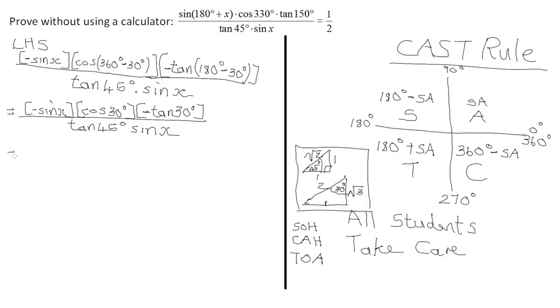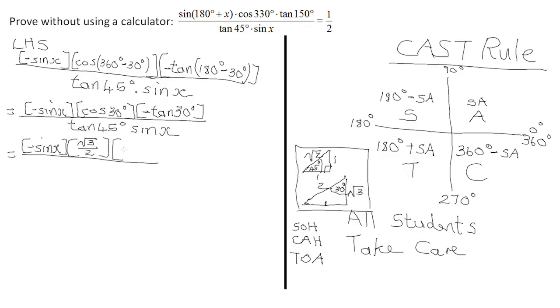And now we're going to substitute, right? I can see that and that will cancel, but I will do that afterwards. So I just keep it at this stage as is. Minus sine of x. And now I come to cos of 30. There's 30, cos is adjacent over hypotenuse, which gives me square root 3 over 2.